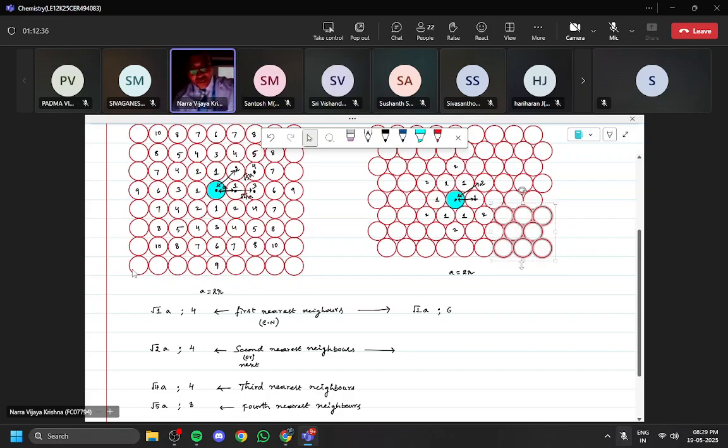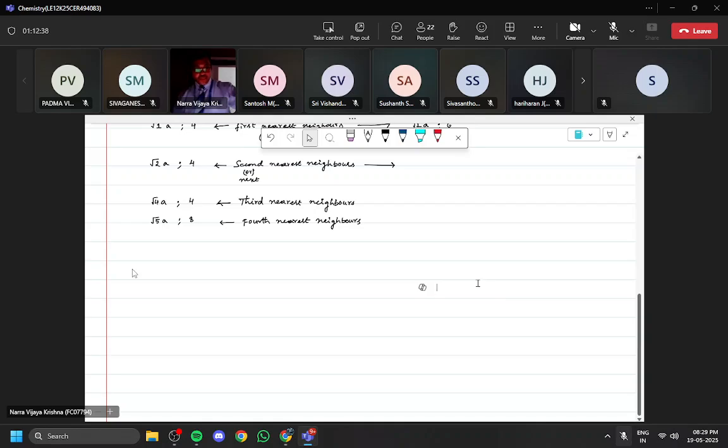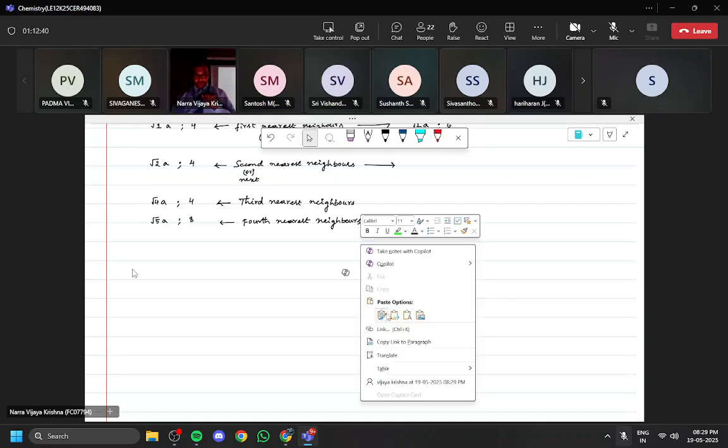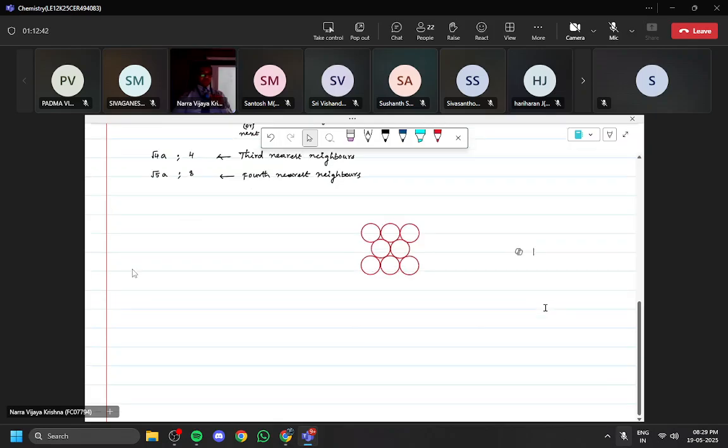Okay. See this. Control C, Control V. So am I talking about this distance only? This is one triangle. This is another triangle, rhombus form.